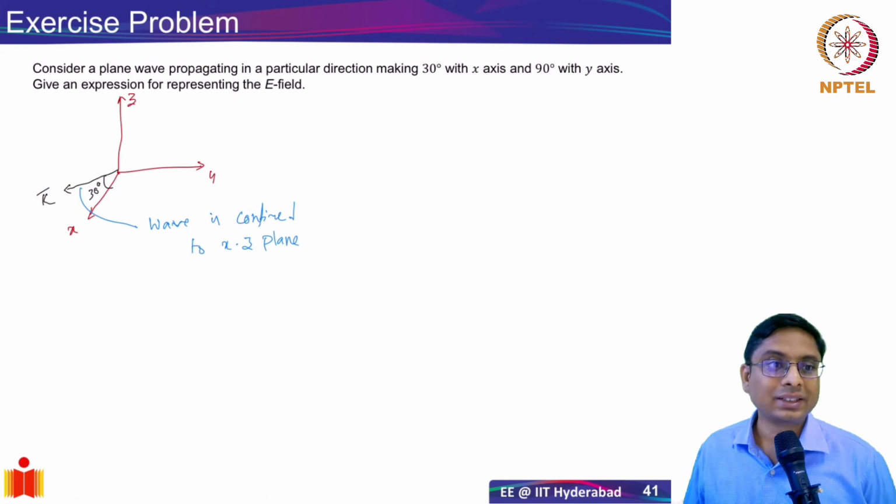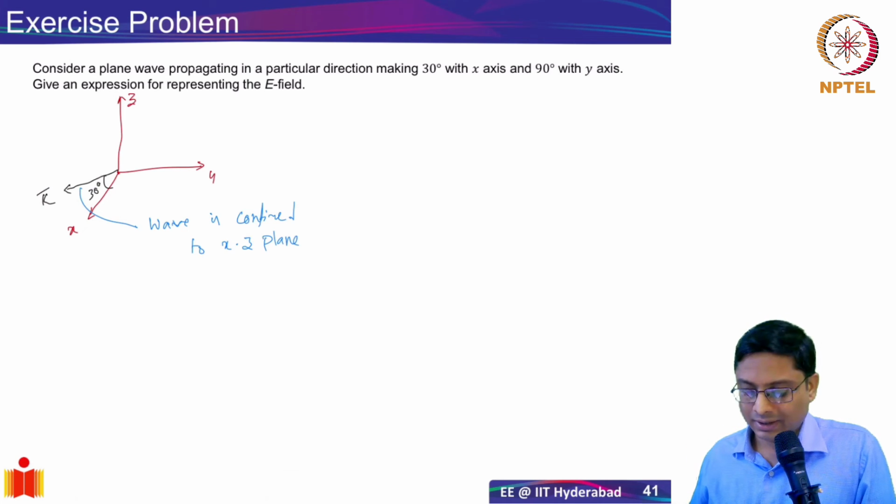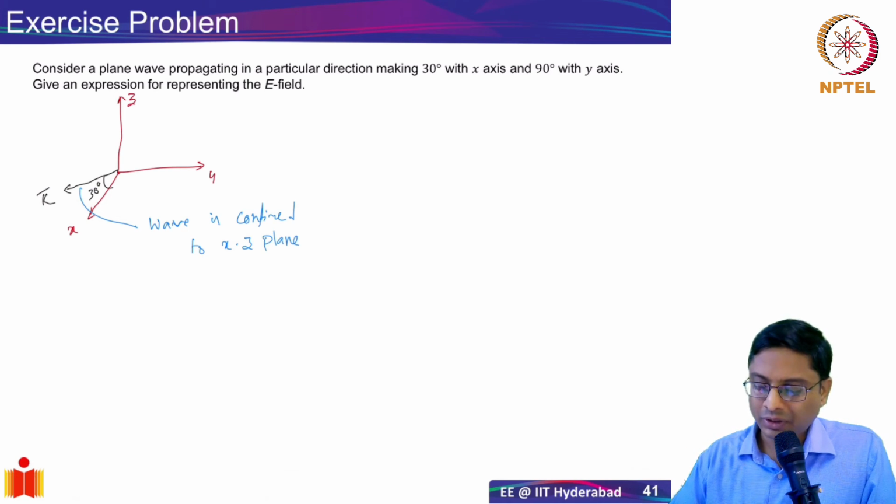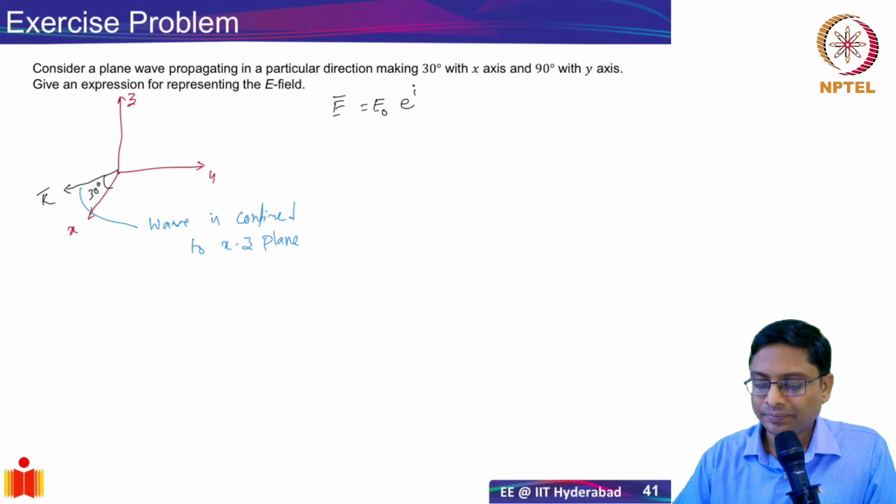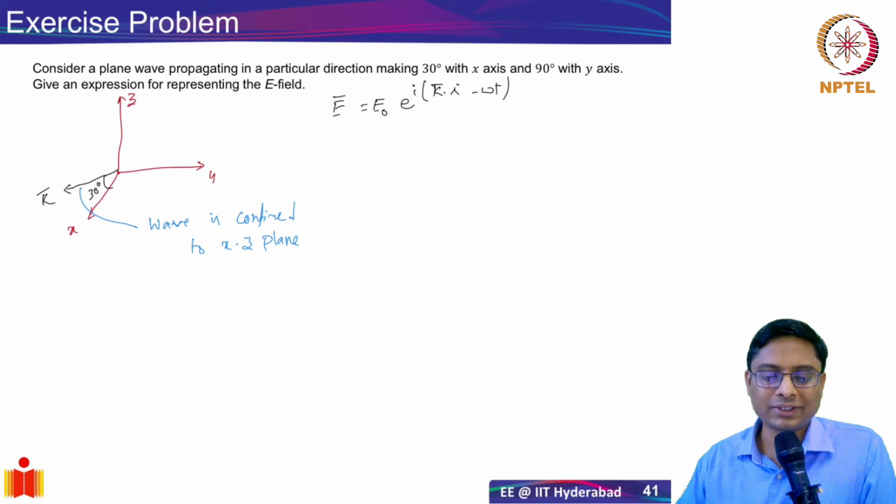So now how do we write the expression for the electric field? Well, since we have a general case, we should recall that electric field now is going to be E naught, I'll write out the general form, exponential i k dot r minus omega t. What essentially it means is we have to take a dot product of each of these k's with the position vector r.